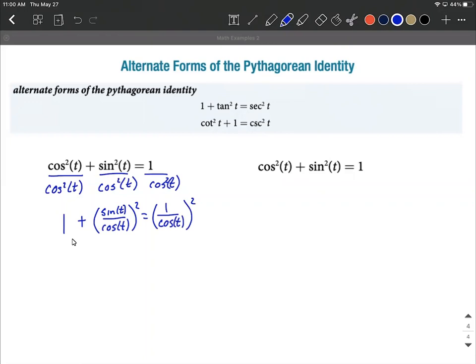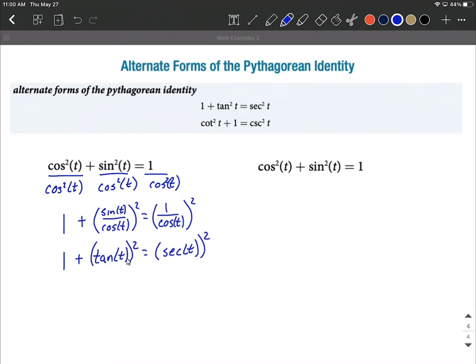All right, so with this, we have 1 plus sine of t over cosine of t, which is equivalent to tangent. So tangent of t, quantity squared, equals 1 over cosine of t, which is equivalent to secant of t, and that's still going to be raised to the second power.